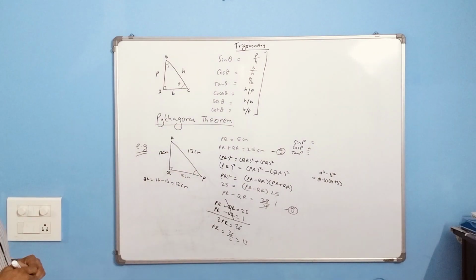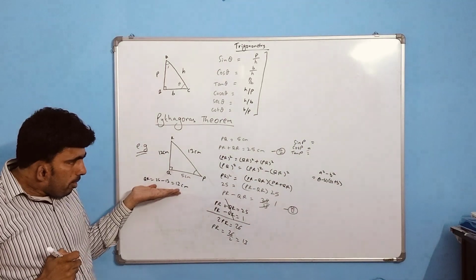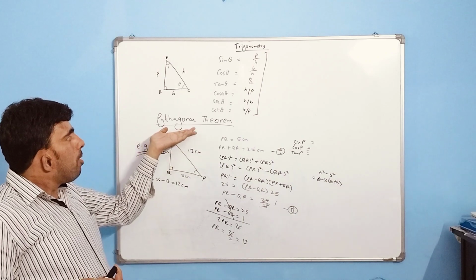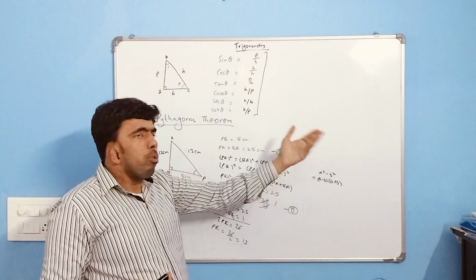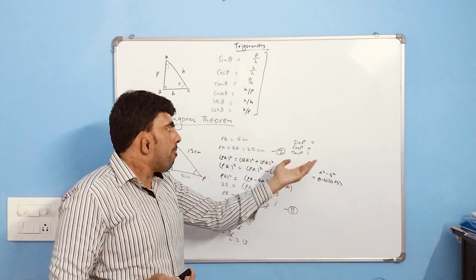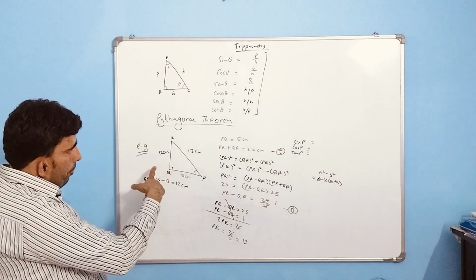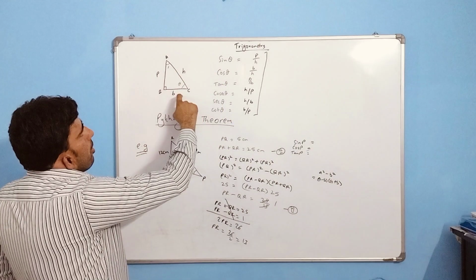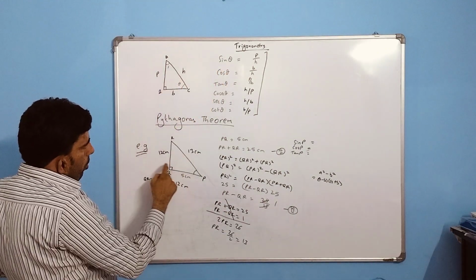I hope you understand why I am finding these sides using the Pythagoras theorem, so that we are able to answer what the question is asking: sin P, cos P, tan P. Now what is sin P? Taking this angle, sin theta is P upon h, so 12 upon 13.